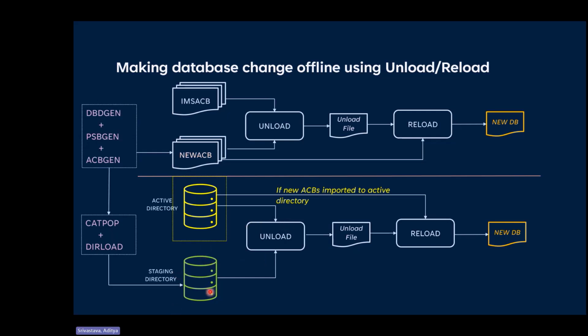If it doesn't find anything in the staging directory, it refers to the active directory for both the old definitions and the new definitions. And since they both point to the same place, that means you don't want to make any changes to the database definition. You just want to create an unload file. Okay, that's how you can create an unload file in the managed ACB environment.